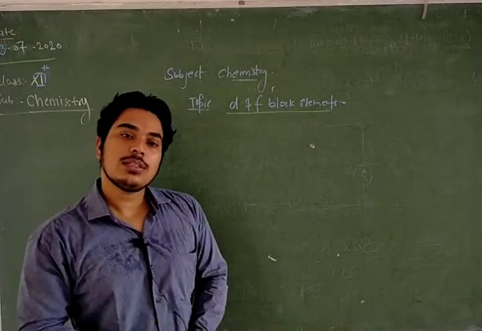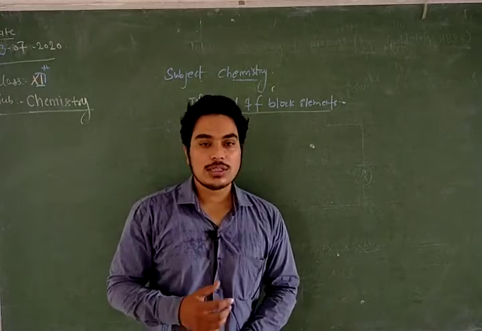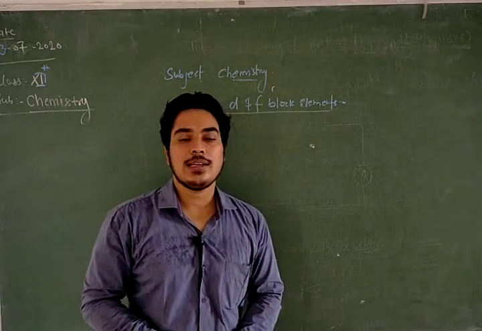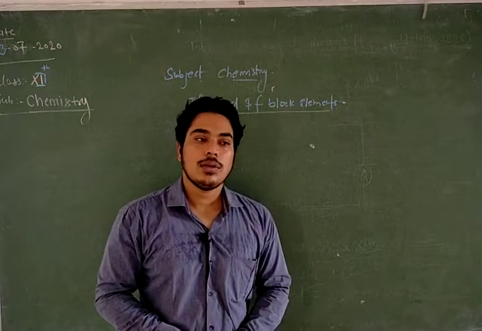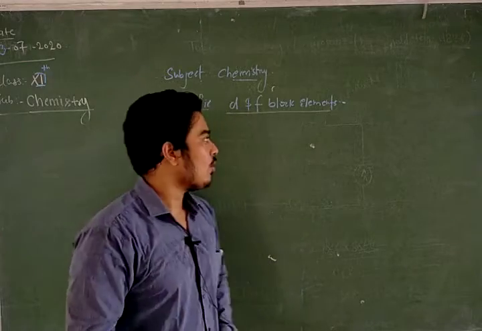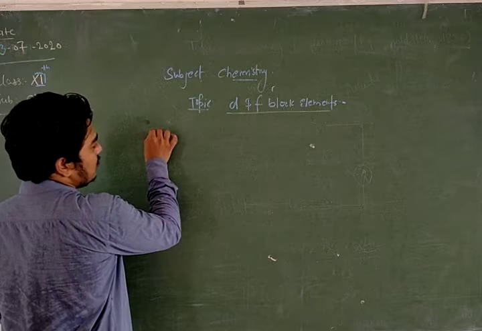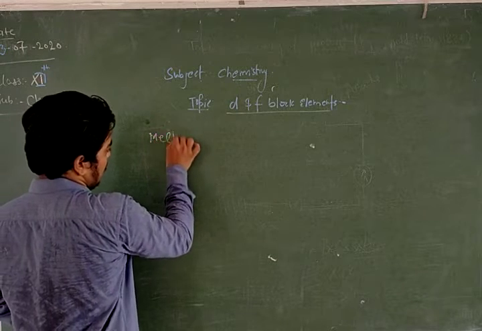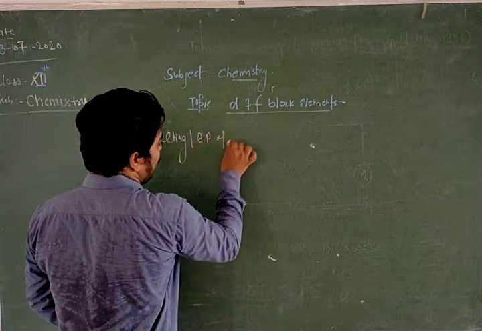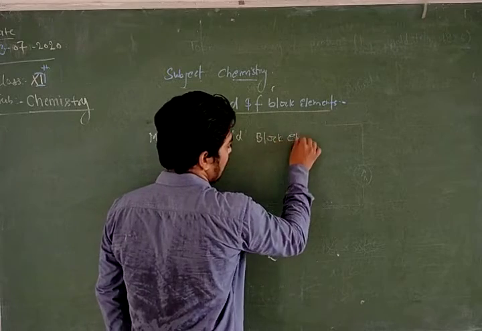I have discussed what is the actual meaning of Z effective, what is the meaning of shielding, and the electronic configuration pattern based on the Z effective and shielding concept. So moving further, today's topic depends on the melting and boiling point of D block elements.